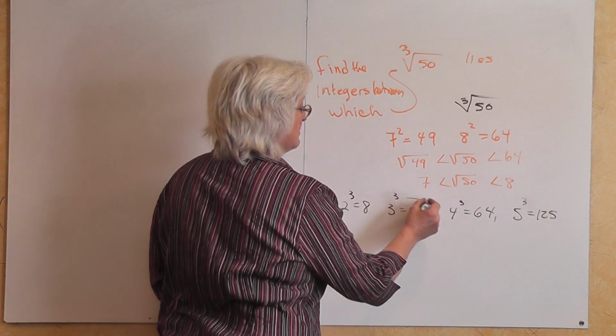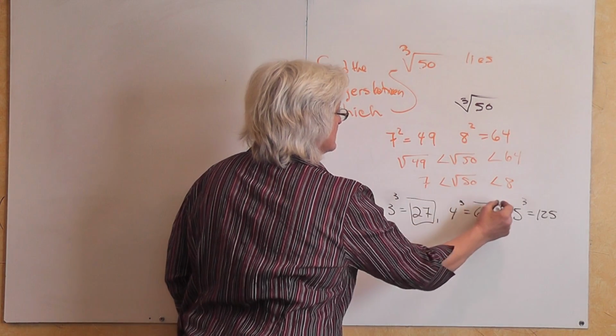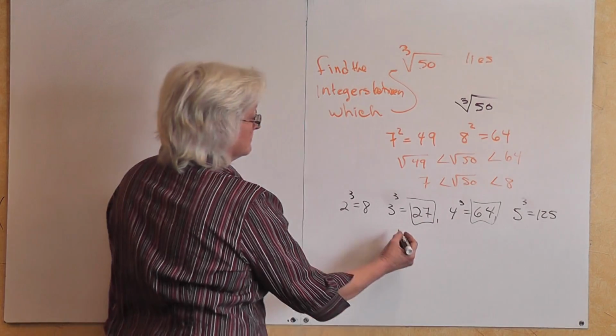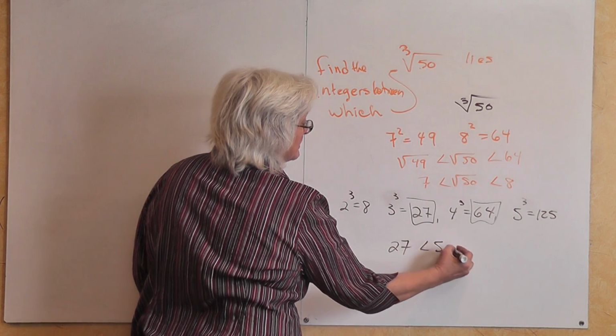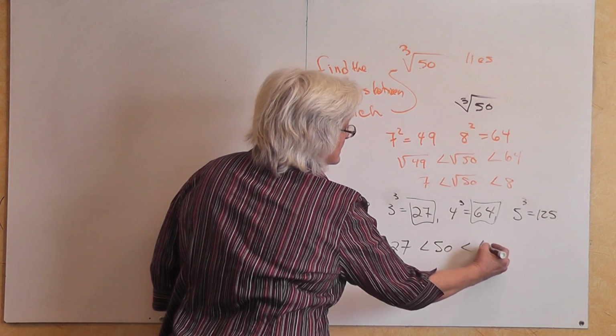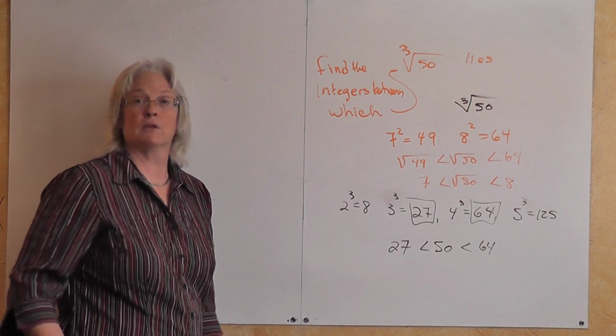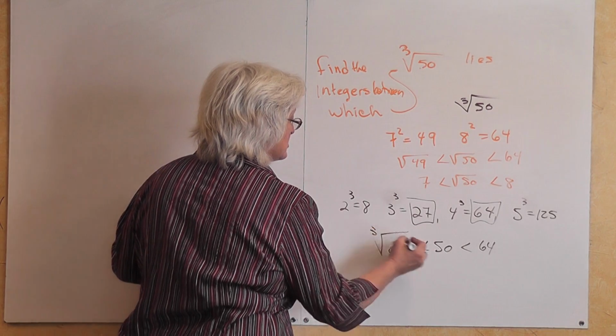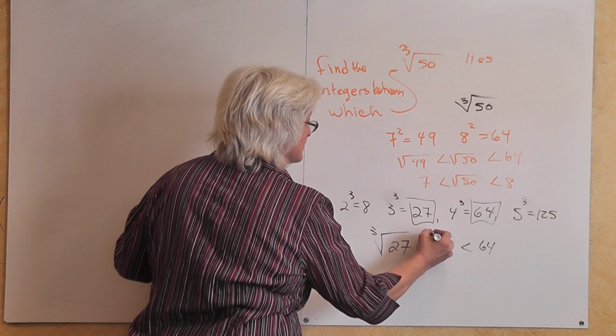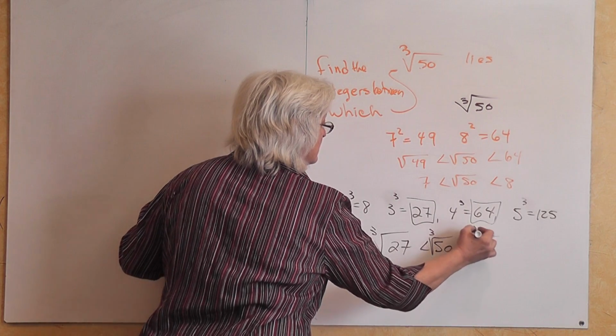Which numbers do we have? We've got 27 and 64. 27 is less than 50, which is less than 64. So the relationship between the cube roots of all of these numbers is still the same. It's consistent.